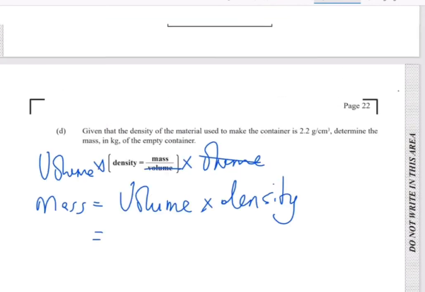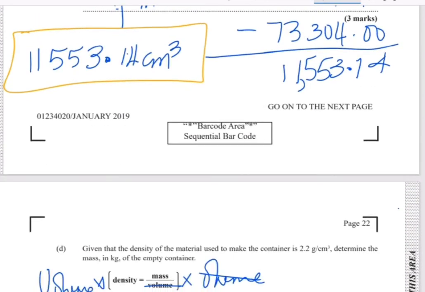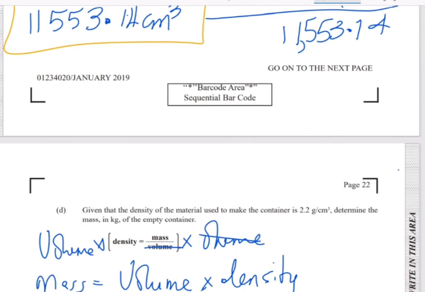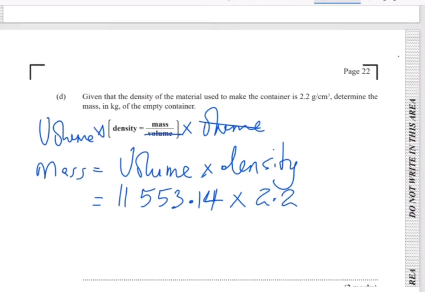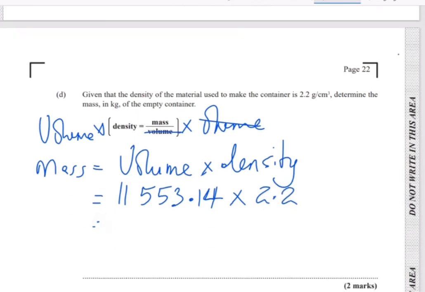So the volume of the material, as we have up here, is 11,553.14. I'm keeping my decimal until my final, so keeping my 2 dp, times the density, which is 2.2 gram. Alright, so I write that down.